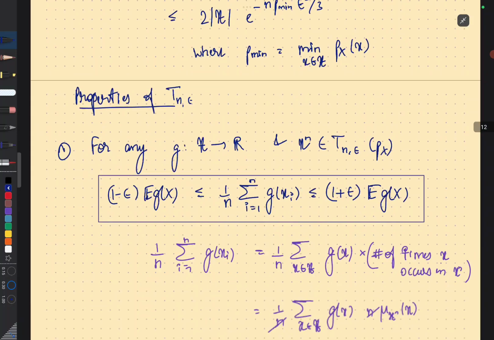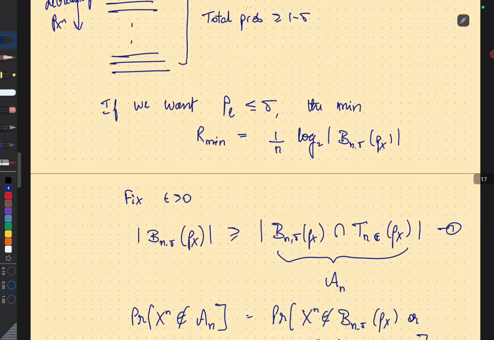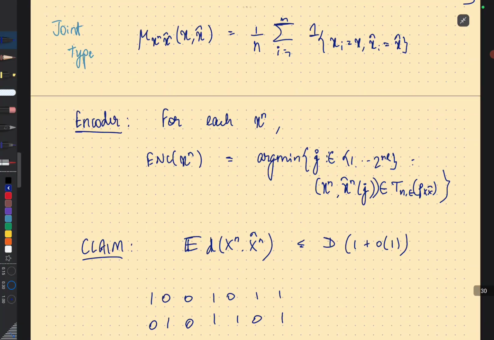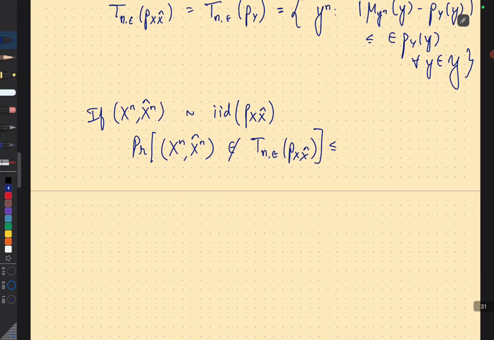Right? So what can we say for the jointly typical set? Correct.